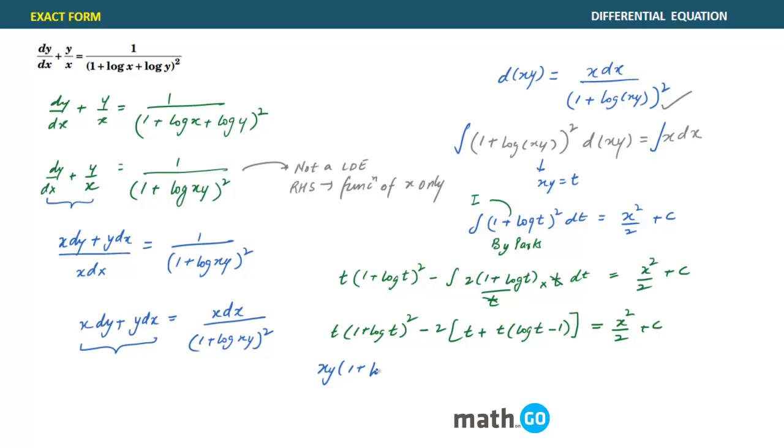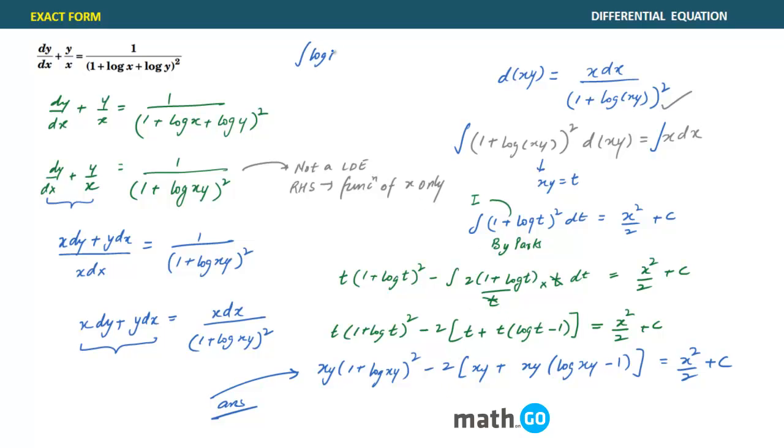I hope it is clear how we have applied the exact form to reduce this problem into a very simple problem. Okay, now you can actually further go on and simplify by taking logs on the same side at the same place, but this is the particular answer we are interested in, right? And I am again repeating that we use a lot of integration in this particular chapter.